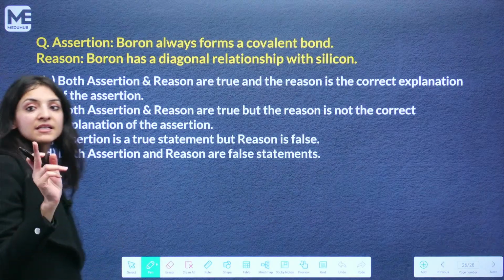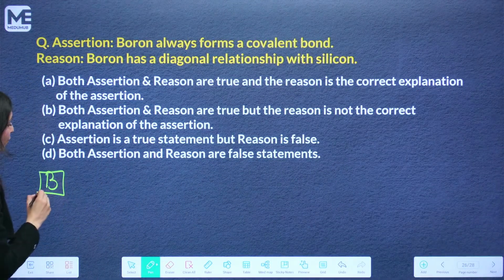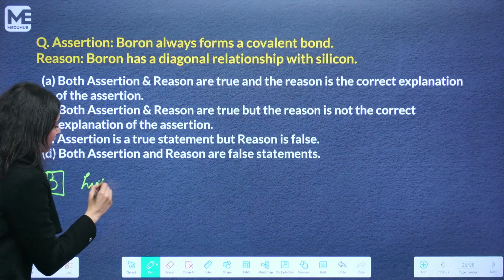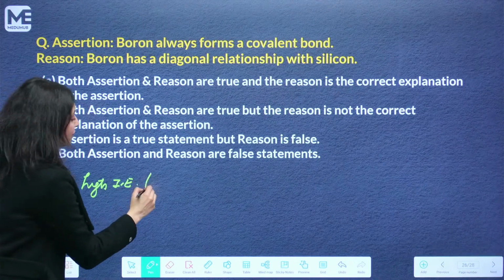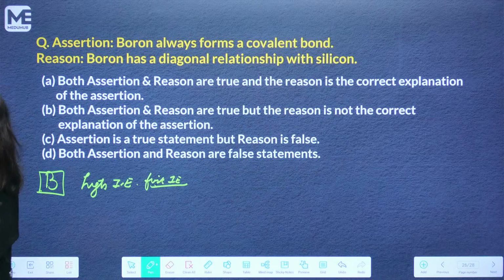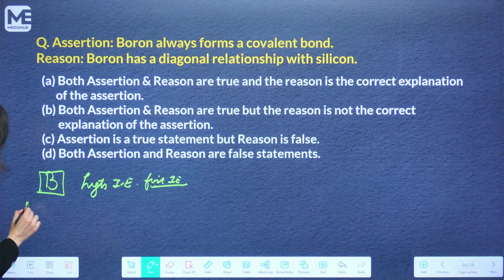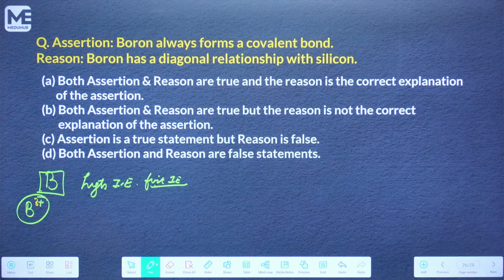We discussed it. If you attended the last class, you will see that boron has a very high ionization energy, right? And the sum of the first 3 ionization energies. So if you have to form an ion out of boron, hypothetically it would be B3+, right? That would mean you're removing 3 electrons.